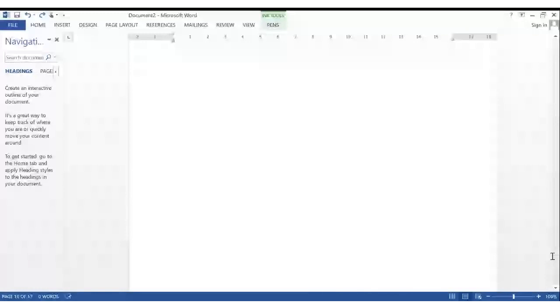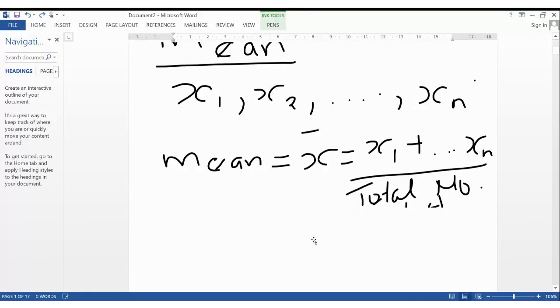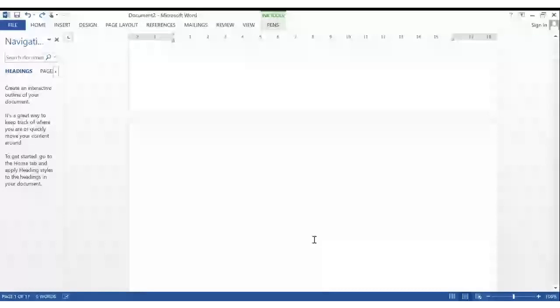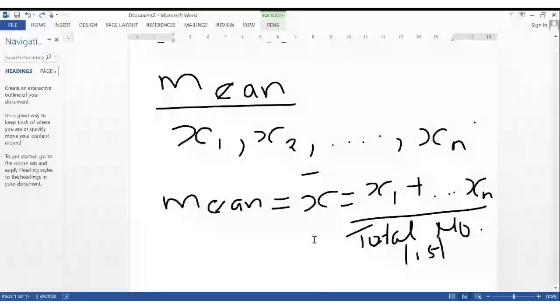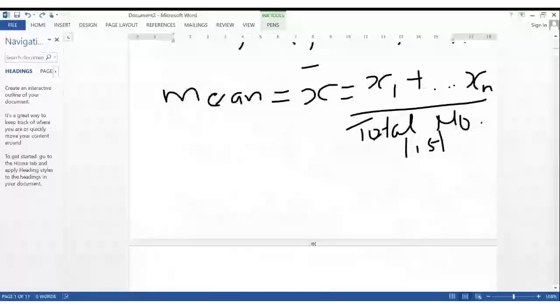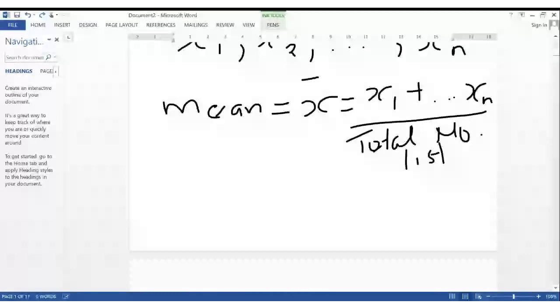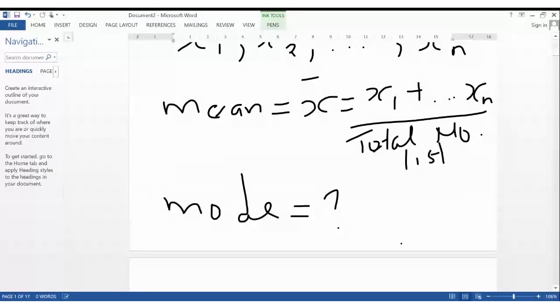So that's what we had said about the mean. You add all the numbers and you divide by the total number of numbers. The mode. I want a person to try in class. What do you think the mode is for group data? Someone can type the mode.